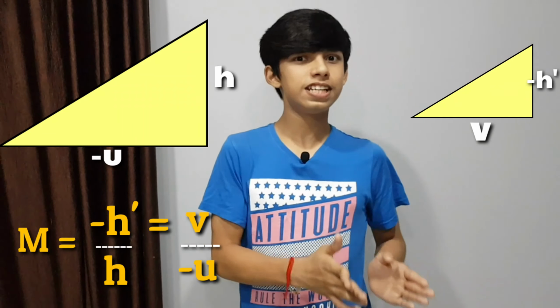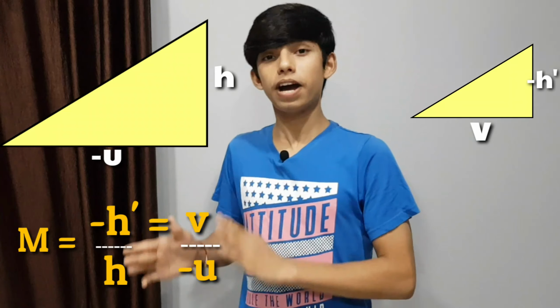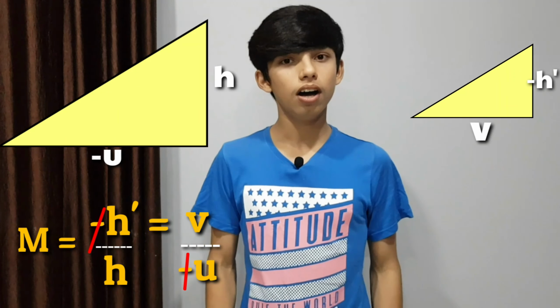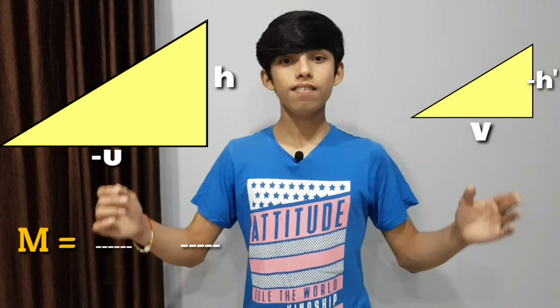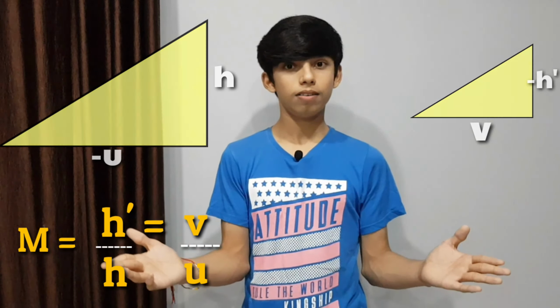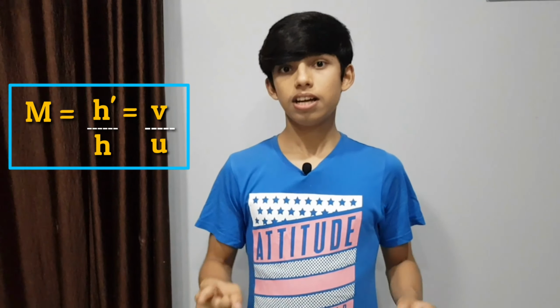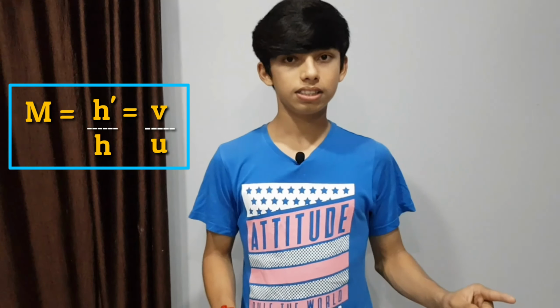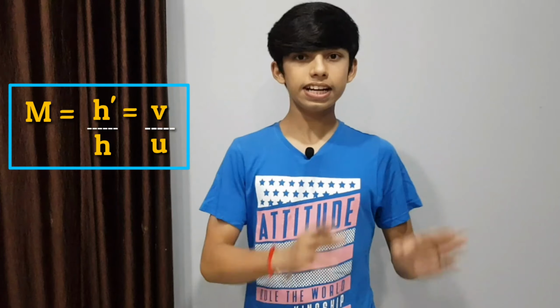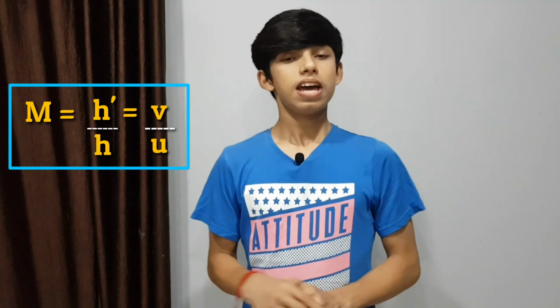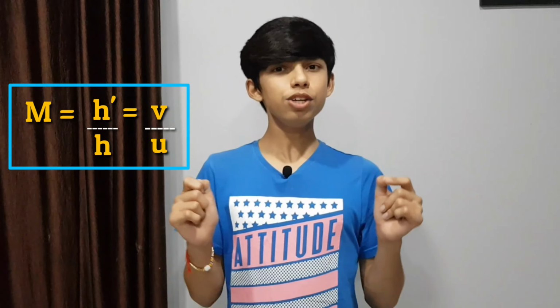So minus h dash by h is equal to minus v by u, and those two minus signs can get cancelled out. So here we simply have this magnification formula. This magnification formula is for the lenses, like concave lens and convex lens. So you can see that m is equal to h dash by h, and this is equal to v by u. This was for the lens.